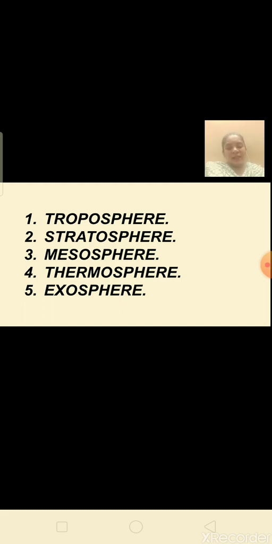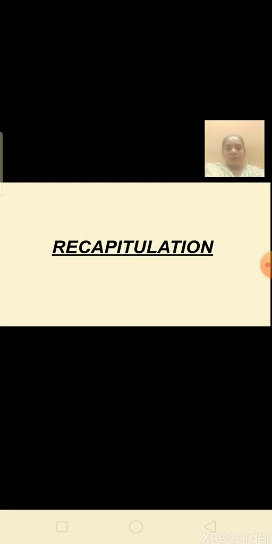Now let us take a small recap on whatever we have learned today. We learned that the earth is surrounded by a thick layer of gases called the atmosphere. Air is very important for all living organisms. Atmosphere is a mixture of colorless, odorless and tasteless gases.